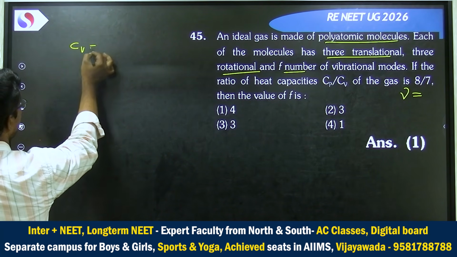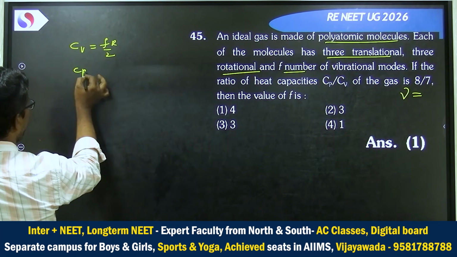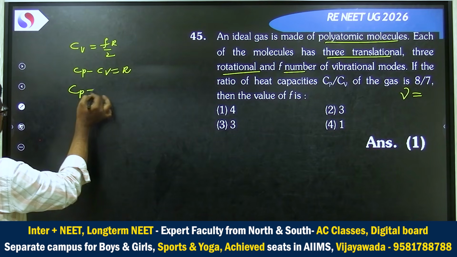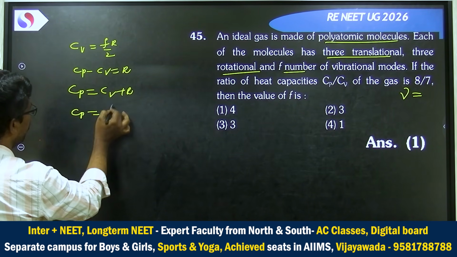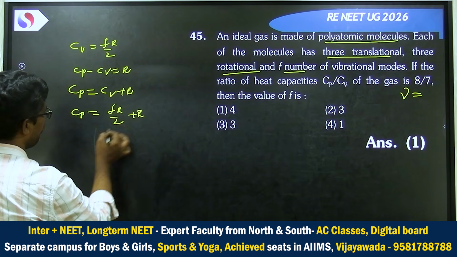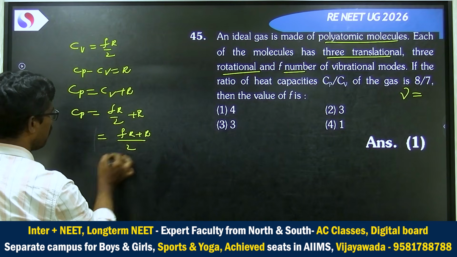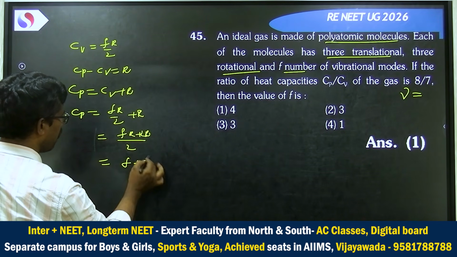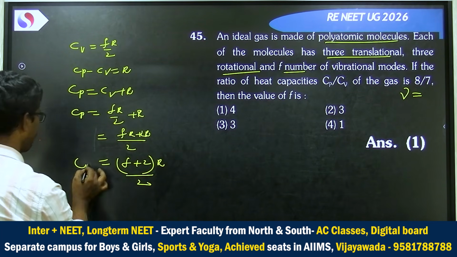Here we know Cv is equal to fR by 2 and Cp minus Cv is equal to R. Now Cp is equal to Cv plus R, so Cp is equal to fR by 2 plus R. Taking LCM as 2, this is fR plus 2R by 2, which is f plus 2 by 2 times R. This is the Cp value.